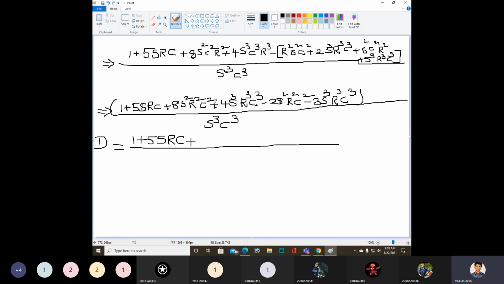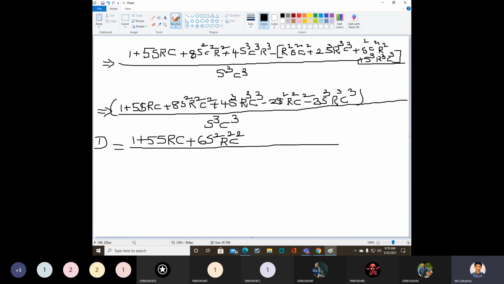Here we have minus 2 S square R square C square. Then what will we get here? 8 minus 2, 6. So here we are getting 6 S square R square C square.